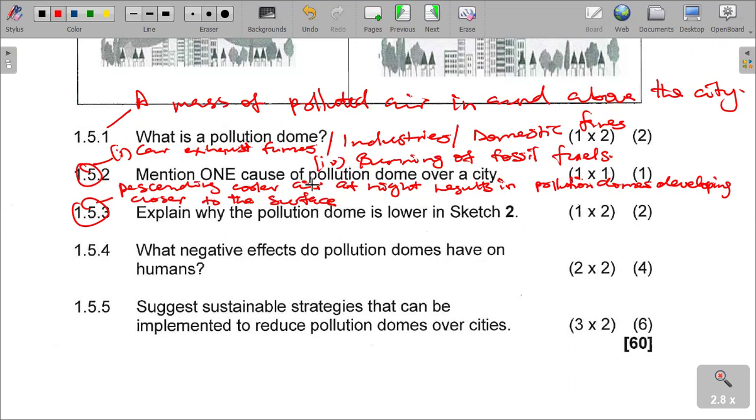And then there is also the effect of the inversion layer being closer to the earth.